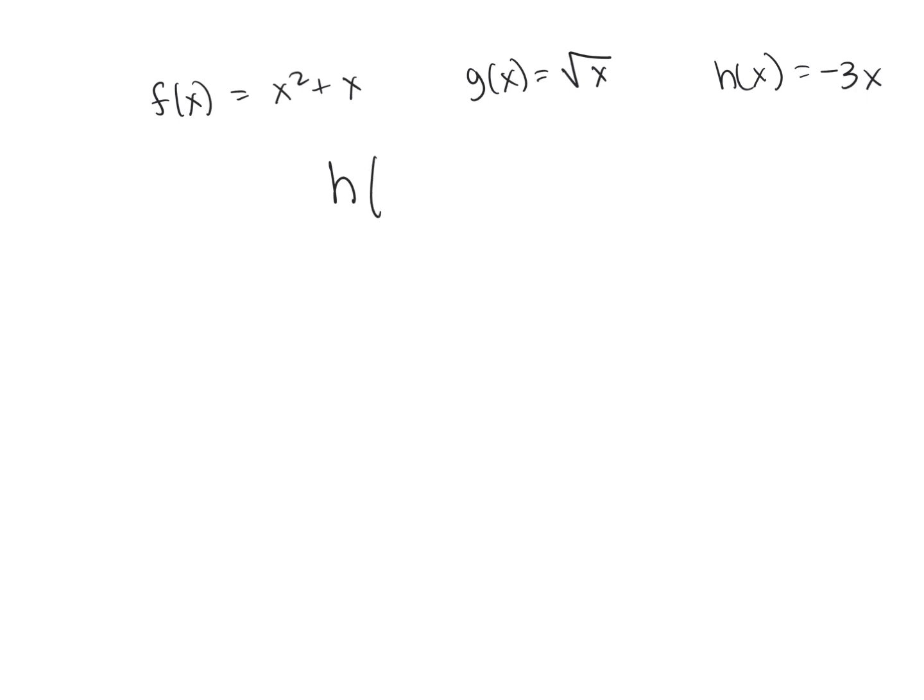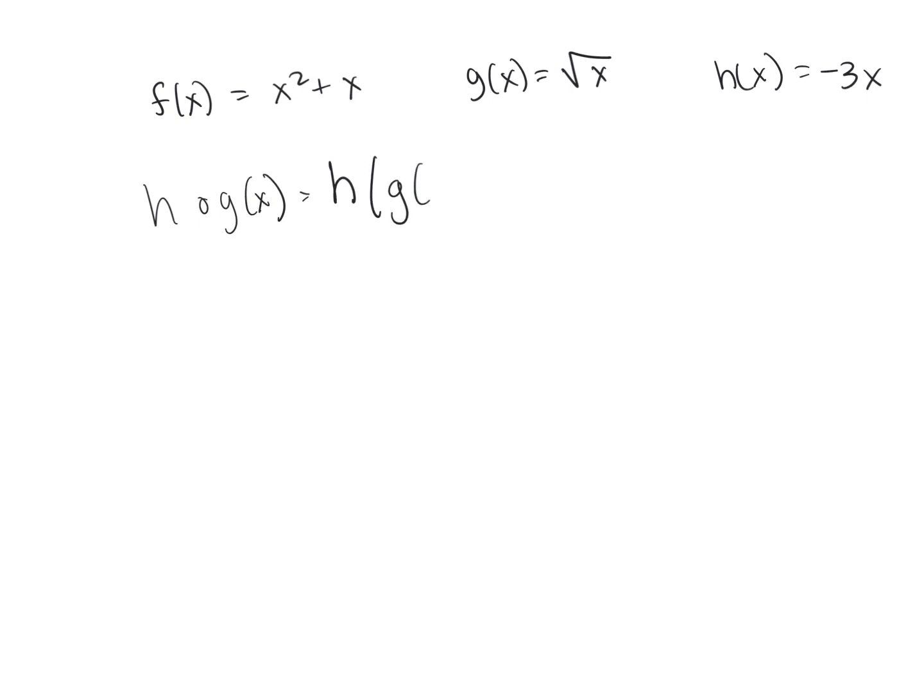Let's say f of x equals x squared plus x. G of x equals the square root of x, and h of x equals negative 3x. What if they want me to find h of g of x?